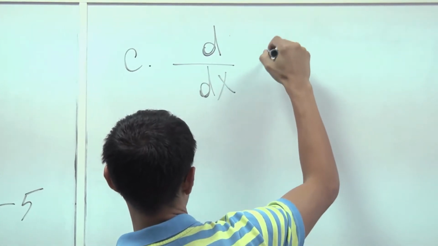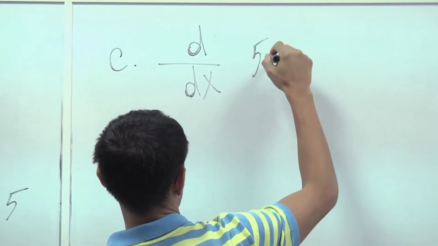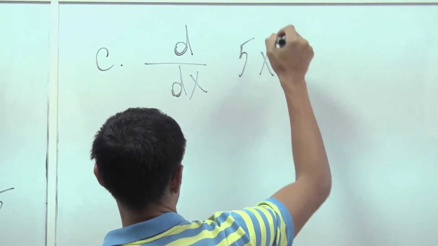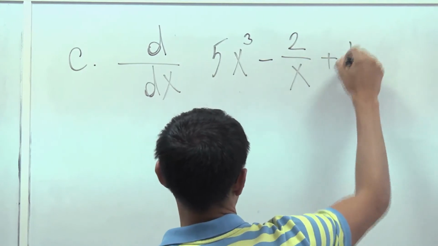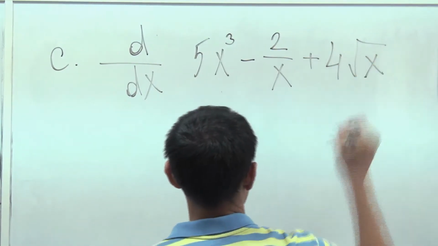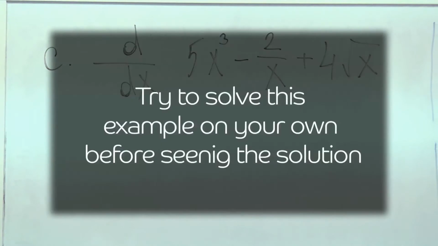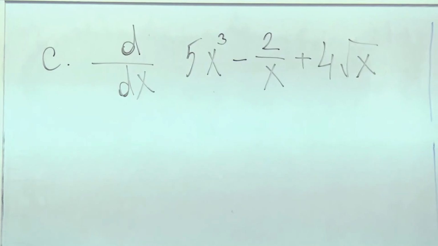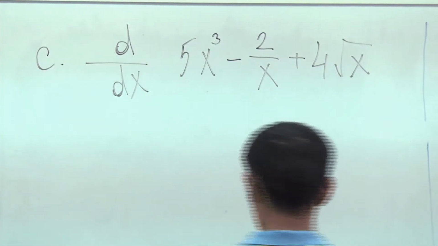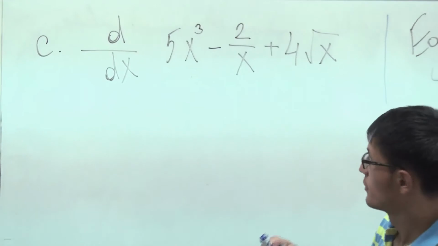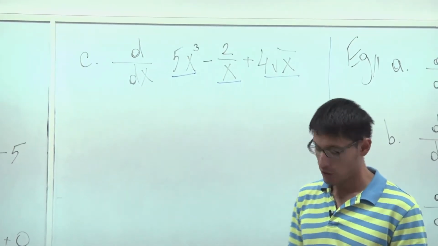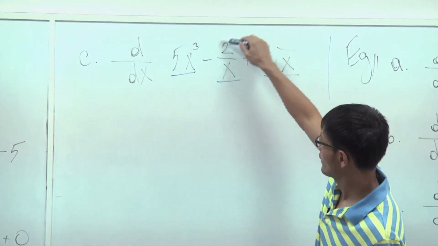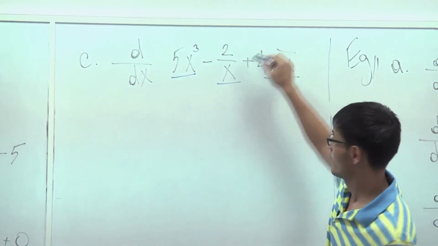Let's find the derivative of 5x to the third power minus 2 over x plus 4 square root of x. Again, we can take the derivative term by term. But notice that over here we don't have x to the n, and we also don't have x to the n in here.